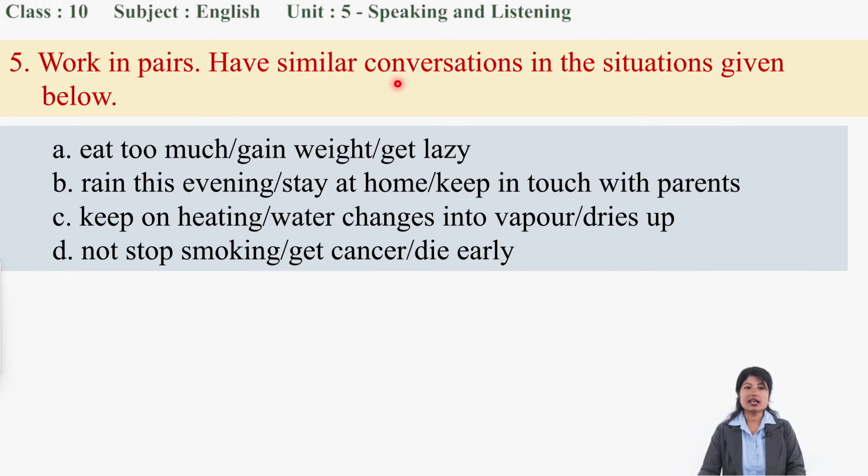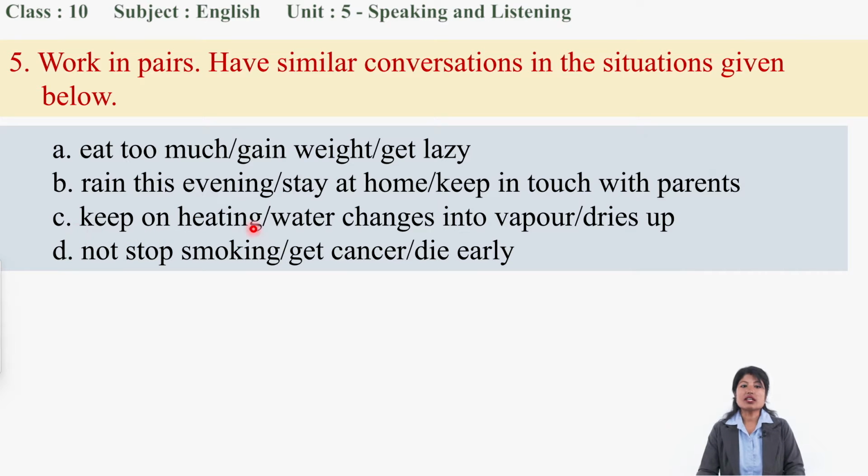Work in pairs and have similar conversations in the following situations given below. The first situation: eat too much, gain weight, get lazy. Second: rain this evening, stay at home, keep in touch with parents.